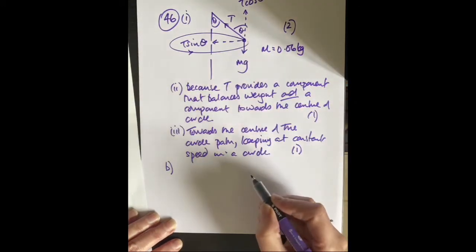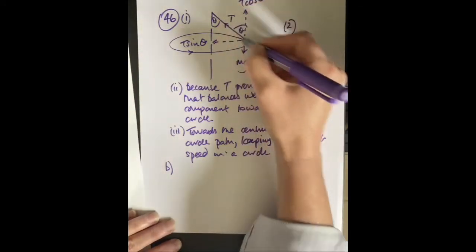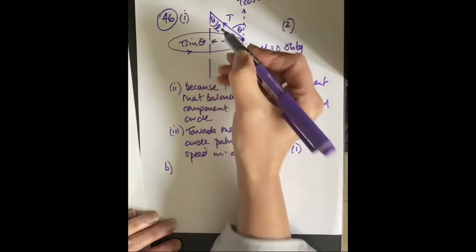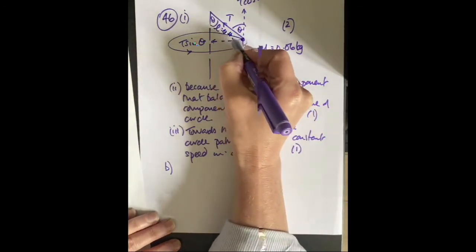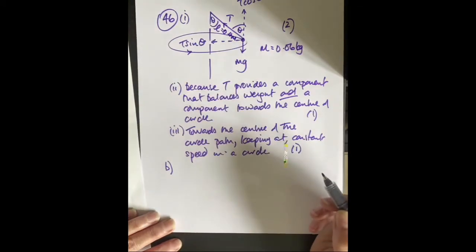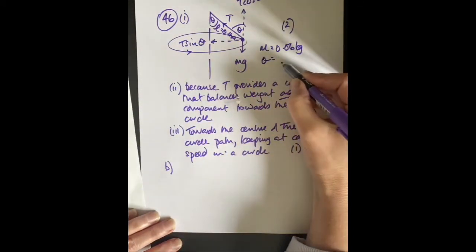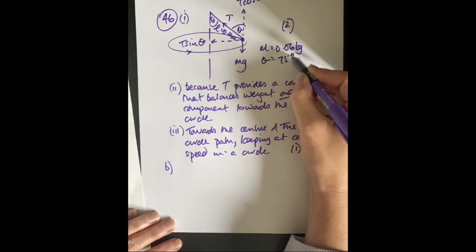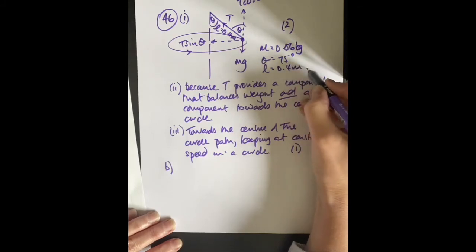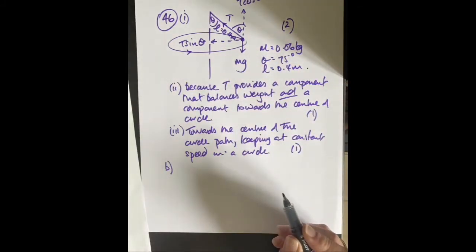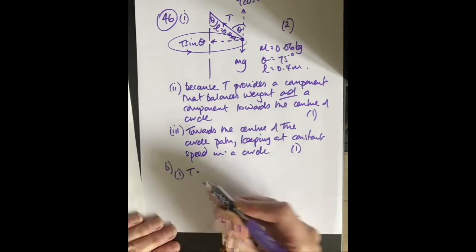And the length of the string from the boy's hand, the length there, is 0.40 meters. And we're told that theta is 75 degrees, right? So there's a little bit more information there. Now we're asked to show that the tension is 2.3 newtons.